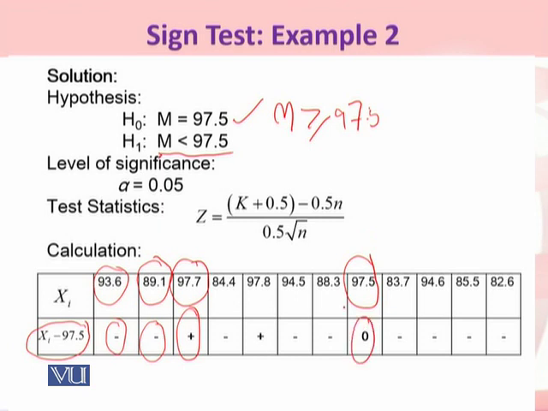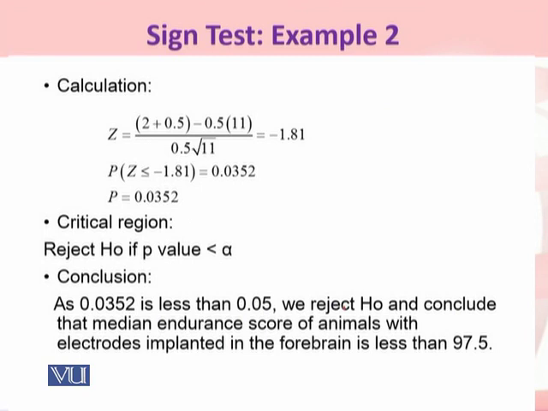Now in the upcoming steps of the calculation, you will see that our number of values was 12, but we are going to consider it as 11 because one of the values is exactly equal to the median. So we are not going to take up that value. Plugging all the values in Z, here this 2 is representing the K. Now what is K, students?